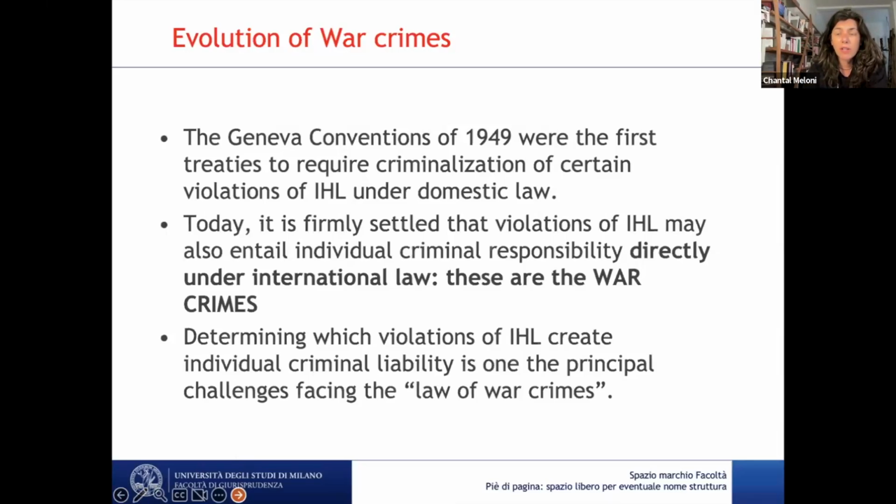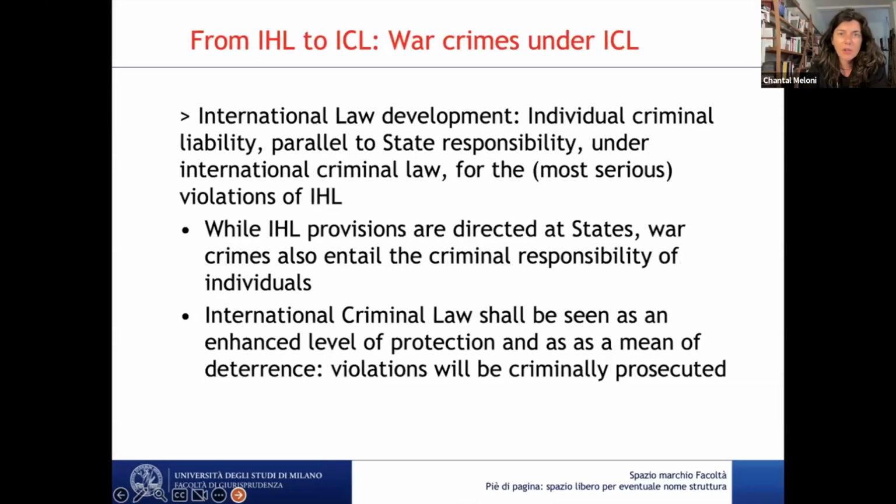Most of the conflicts today are of a non-international nature, and that's why it is so important to recognize which war crimes apply in this context.